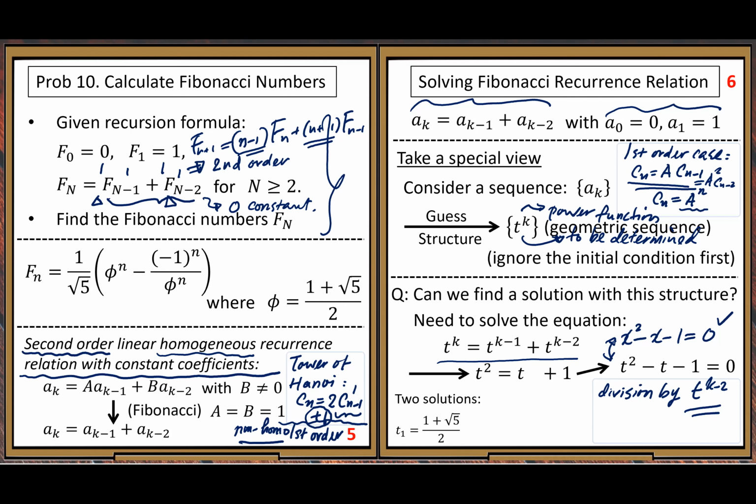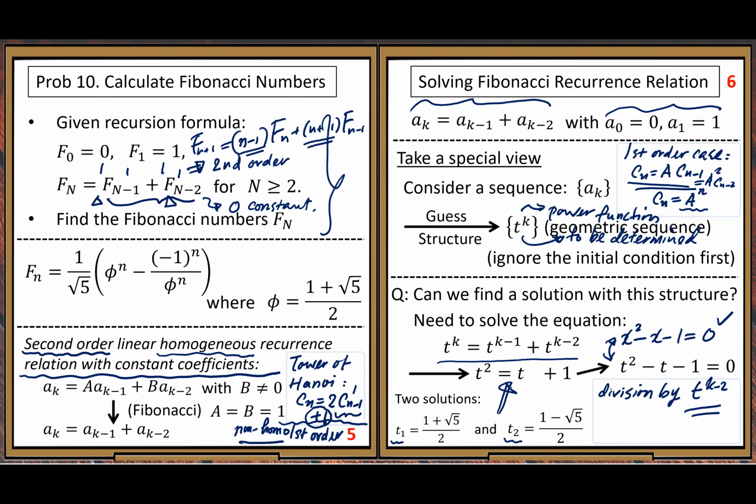When we apply the quadratic formula, we can find two solutions. t1 is the familiar golden ratio expression, 1 plus root 5, whole thing over 2. t2 is the conjugate solution, 1 minus root 5, whole thing over 2. So we find two different solutions for the current quadratic equation.